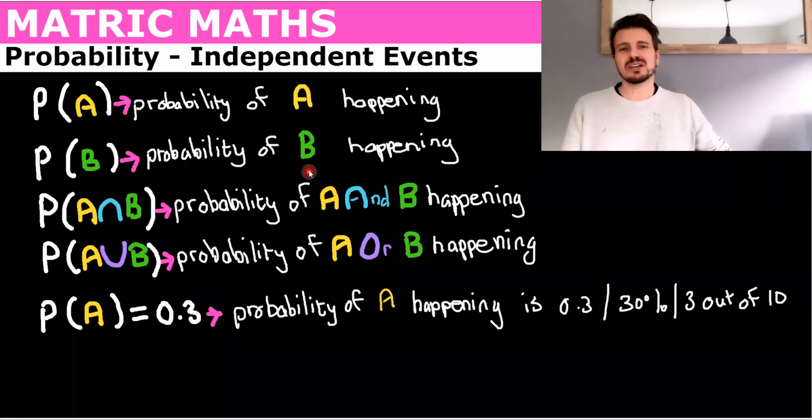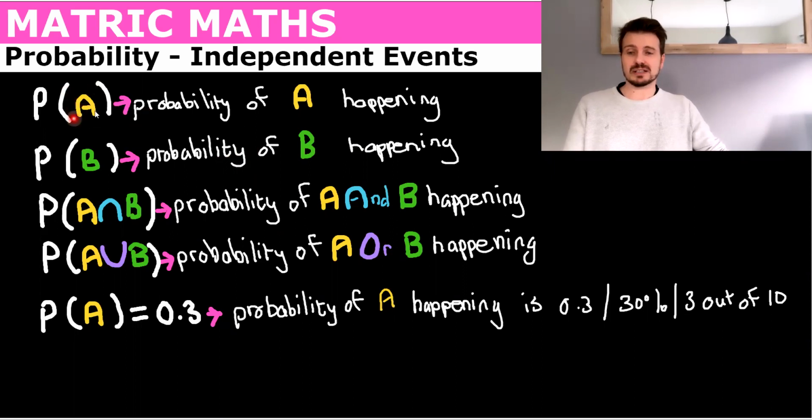Today we are starting a new section, which is probability. So I want to go through a few terms. This is the notation. When you see P in brackets A, this means the probability of A happening. If you see P in brackets B, that means the probability of B happening.